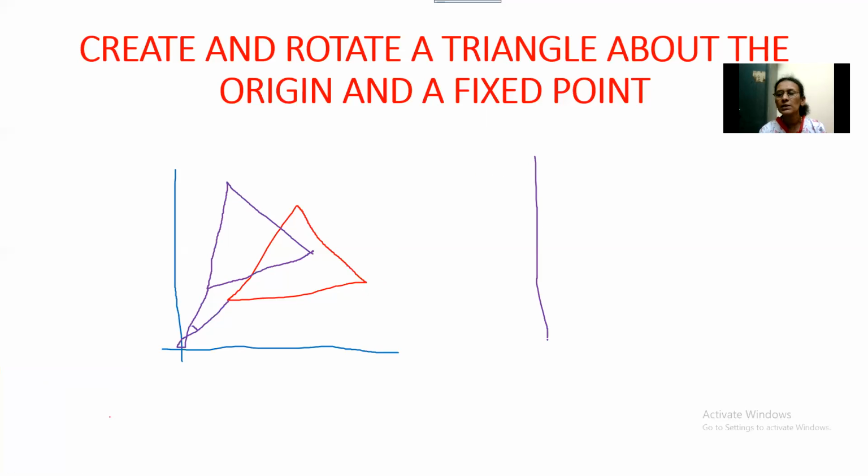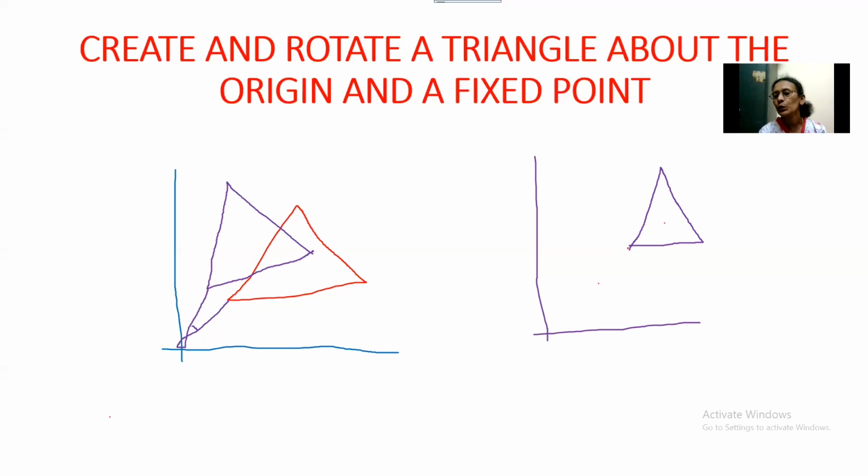Say this is our coordinate axis and this is the triangle that we have drawn. Say this is a fixed point XR, YR.